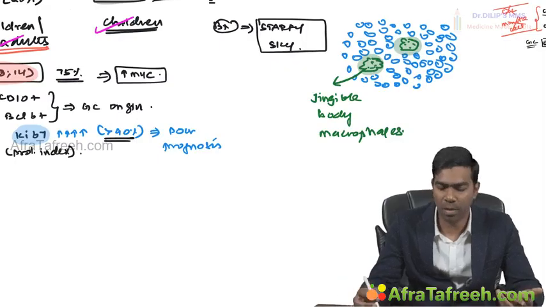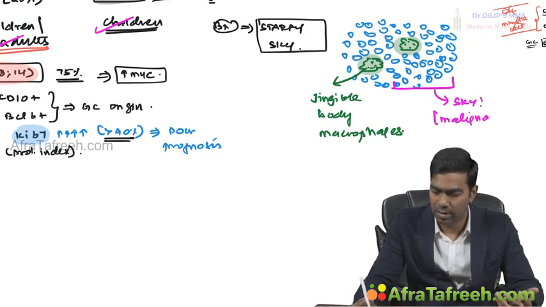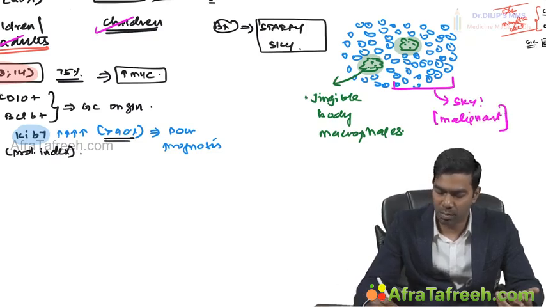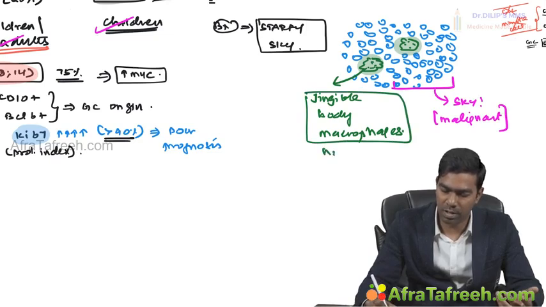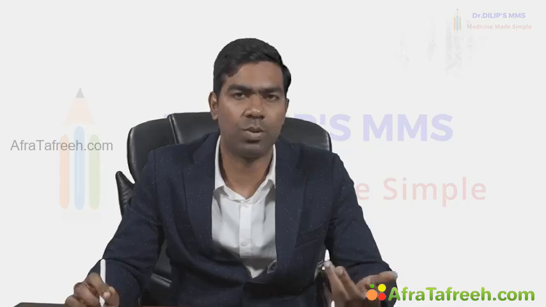And remember, the lymphocytes are the ones forming the sky, and these are the malignant ones. Clear? The tingible body macrophages themselves are non-malignant. Why are they called tingible body? Because they might show the ingested lymphocytes. So they are non-malignant.